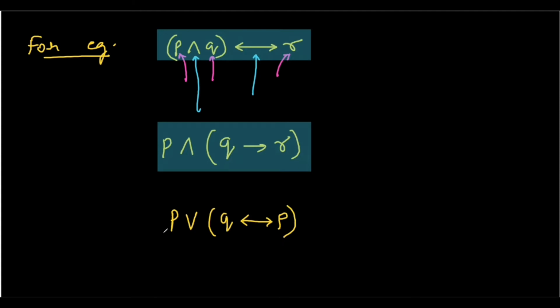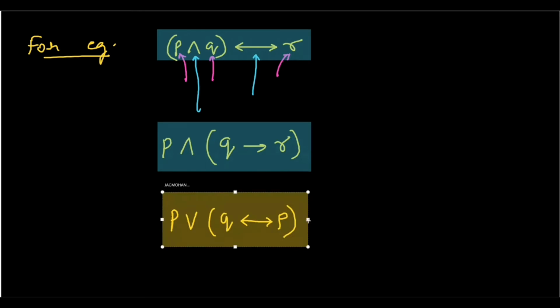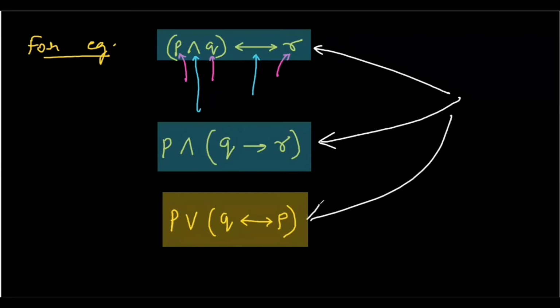There is no R. This is also a statement pattern. So what are statement patterns, students? Let's have a revision. When we are using component statements along with one or more connectives, then the compound statements which are formed are known as statement patterns. I hope you all have followed this.